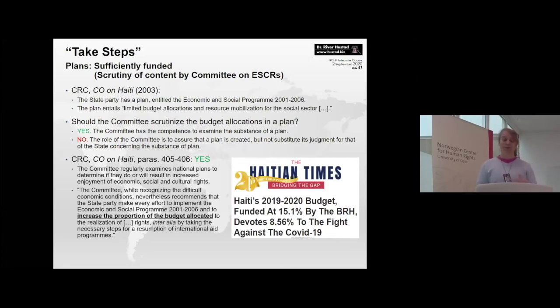And so there's been a lot of criticism of economic, social, cultural rights that the committee is getting into budgetary things, and that's not for human rights to talk about. The committee disagrees. There have to be the proper budget allocations, or a plan is not useful at all. So then you're not fulfilling the obligation to take steps.